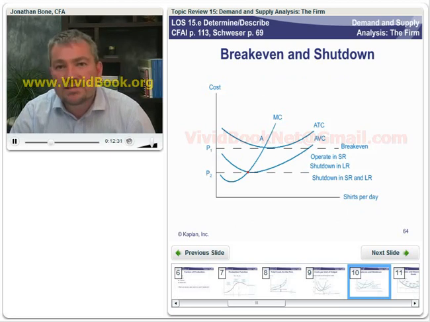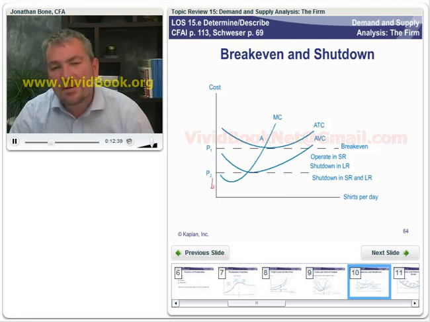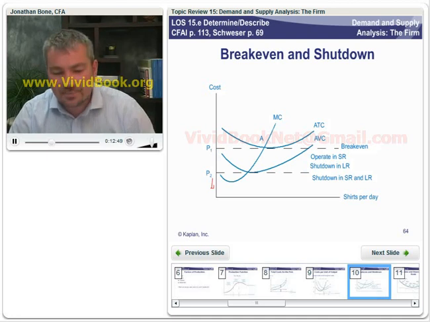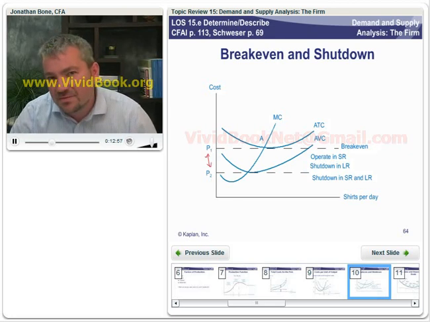Because if we're in our area here, if price is below P2, then price is less than average variable cost per unit. It's worth shutting down because you can avoid the variable costs in the short run. Shut down.